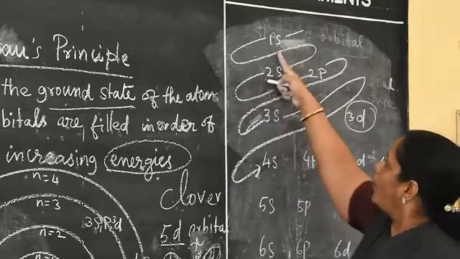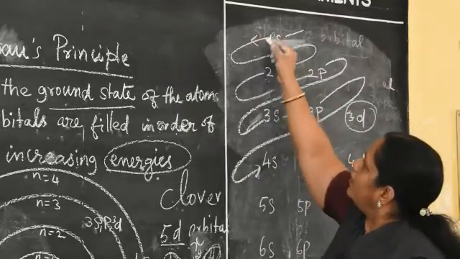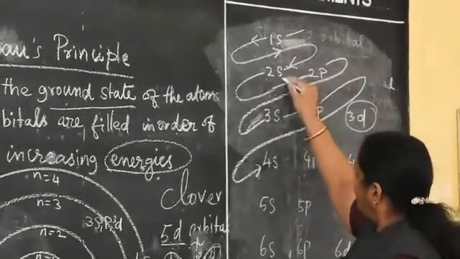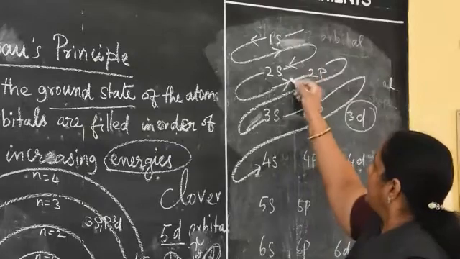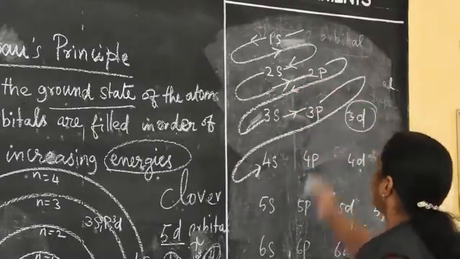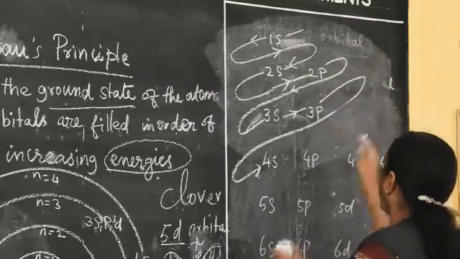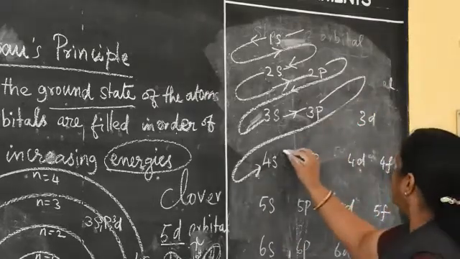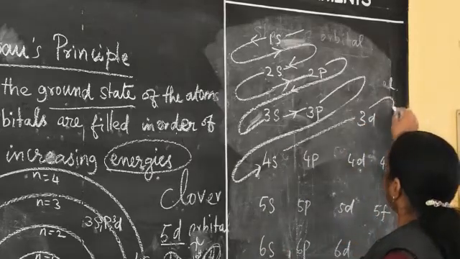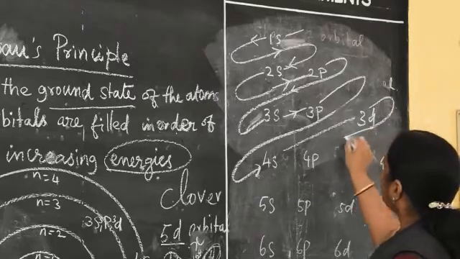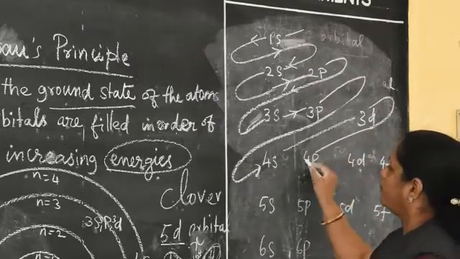Concentrate here: 1s, move like this, upward direction, downward direction, next upward direction, down, up. After filling 3p, next we move to 4s. After filling 4s, only then do we move to 3d. After filling 3d, only then do we move to 4p.